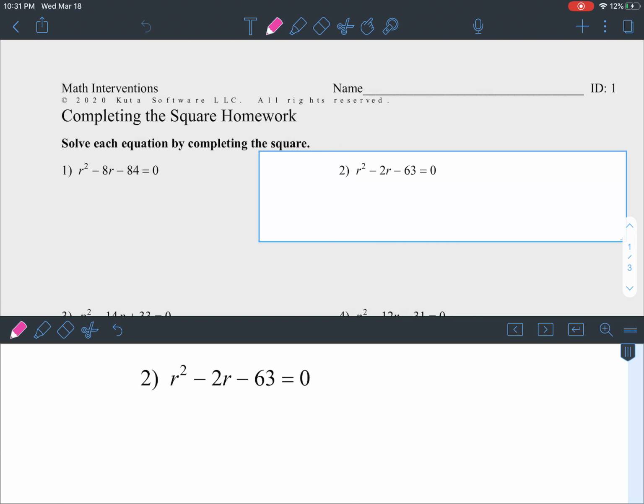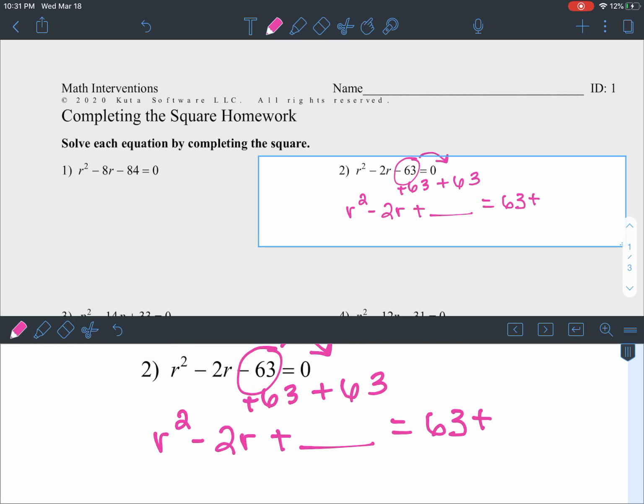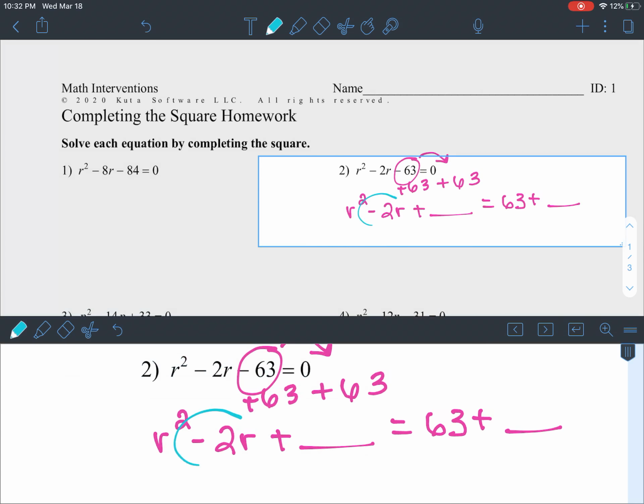So for number 2 here, we need this number to be over here. So to do that, we're going to add 63 to both sides. Okay. And once we've done that, we can create this sort of new problem, which is r squared minus 2r plus something, because we know we're going to add something, and that's going to equal 63 plus something.